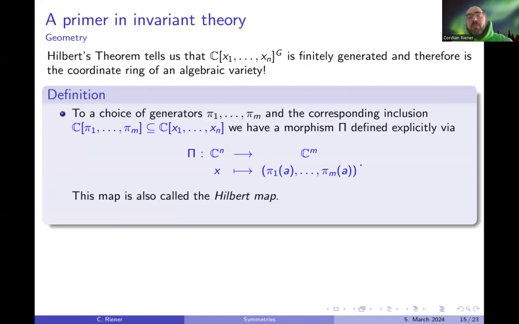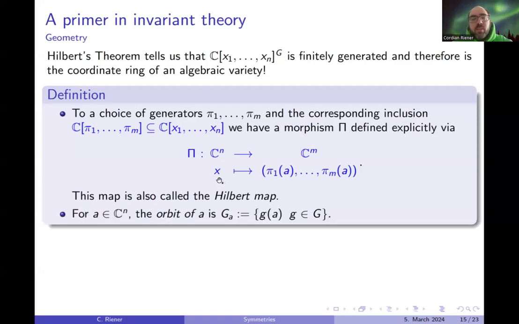Namely, the map defined from Cn to Cm, which takes a point A in Cn and maps it to the evaluation of the generators that we have chosen. It is a fancy word, called a morphism, but it's just a polynomial map. And this polynomial map is called the Hilbert map.